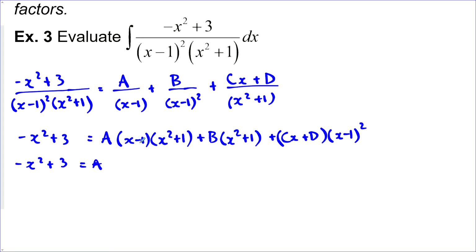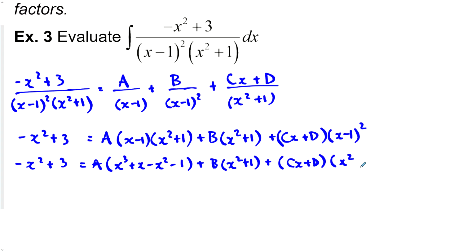So first I'll multiply these out and then multiply in the a. So this would be x cubed plus x minus x squared minus 1. And this one's already good. And this one, I'll square this term here, cx plus d times x squared minus 2x plus 1.